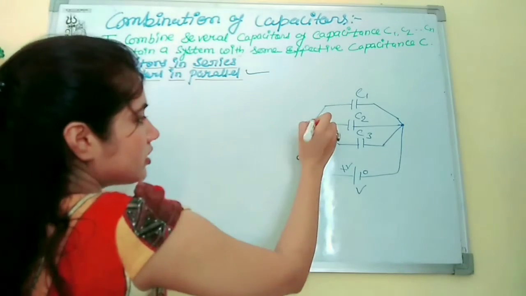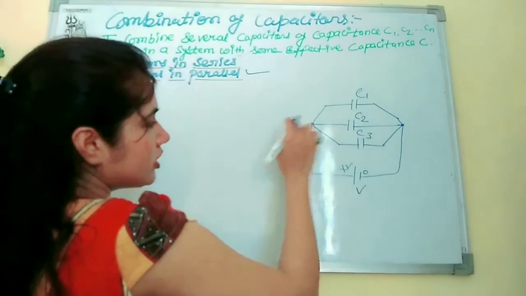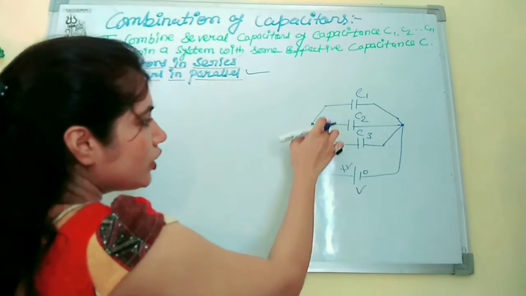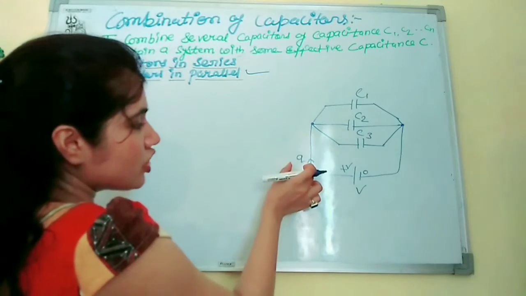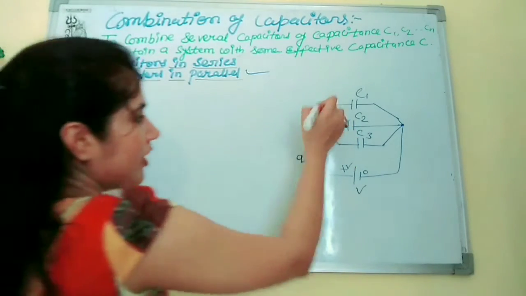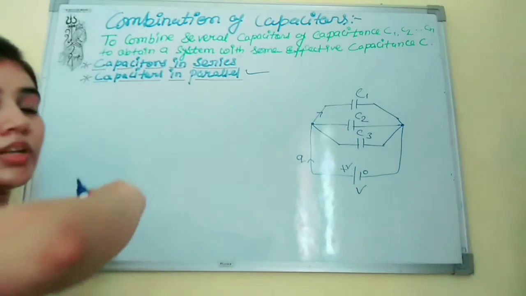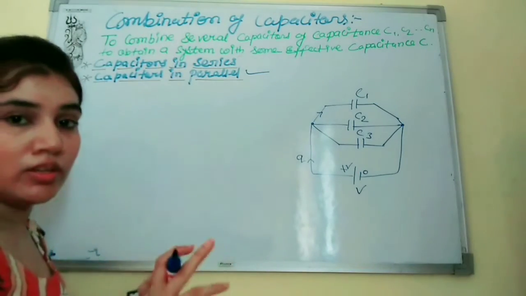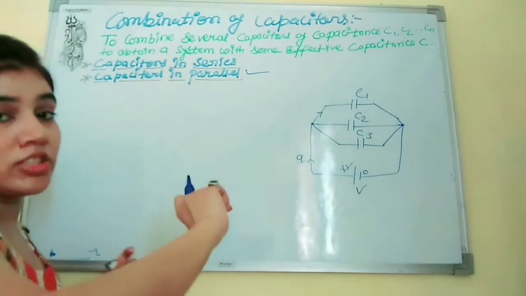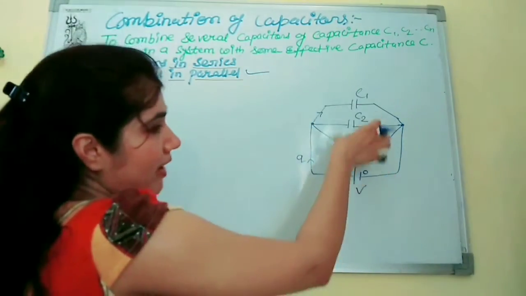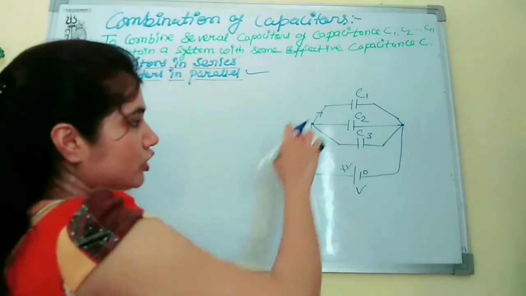Now when this charge reaches this point, you can see there are three paths: 1, 2, 3. So this charge will distribute differently because of the three paths. In series combination there was only one path. The capacitors were connected in series, so they were lying in one path, but here they are connected in parallel, so they lie in different paths.